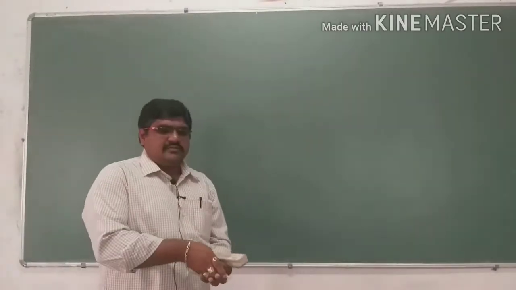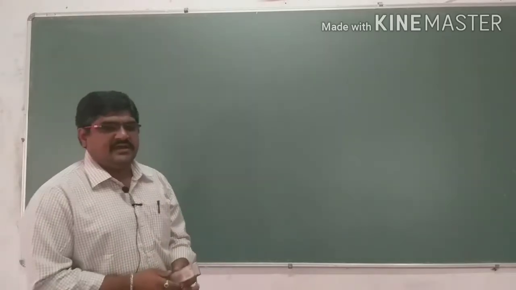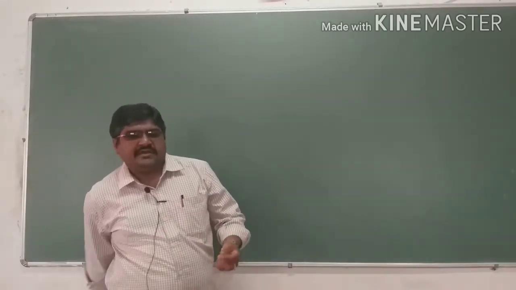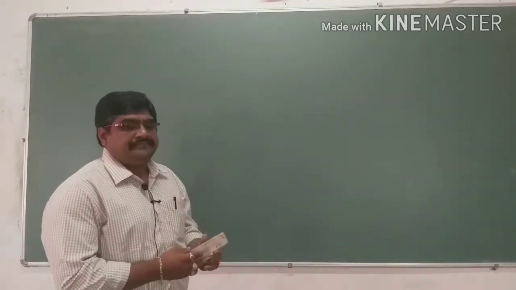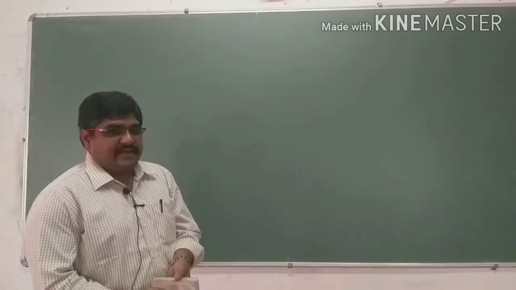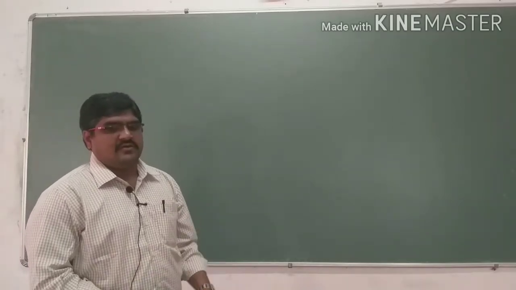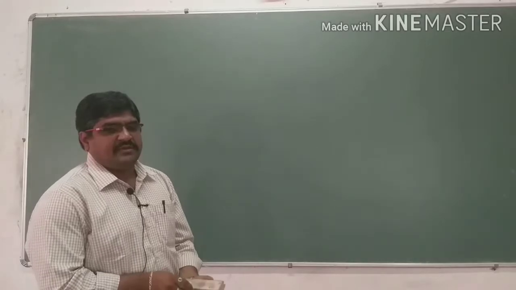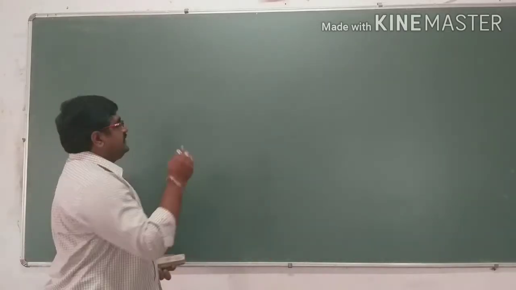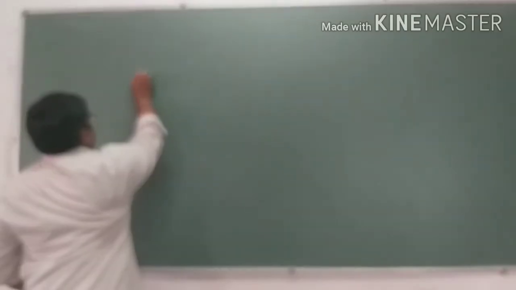Next, coming to the next one, in the last class we studied the homologous as well as the analogous organs. Next, coming to the third one, that is vestigial organs.